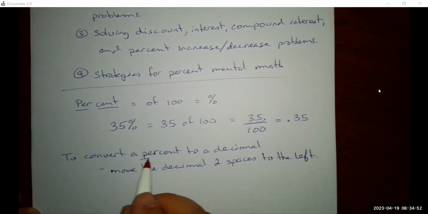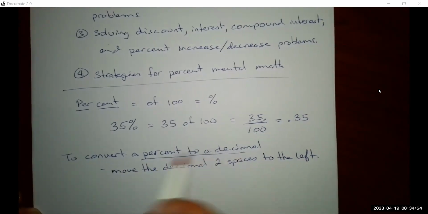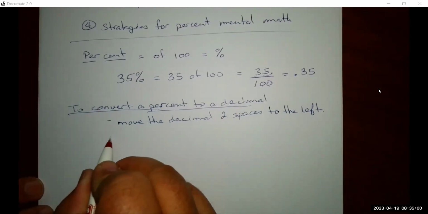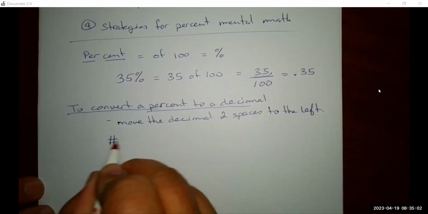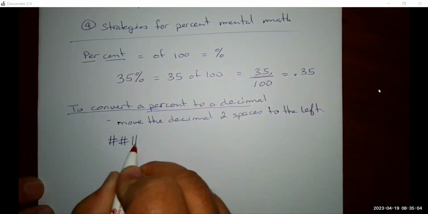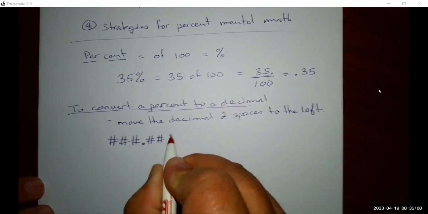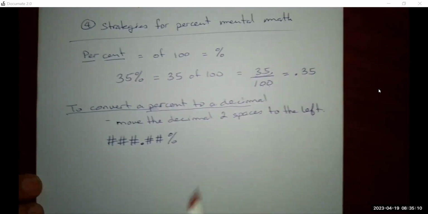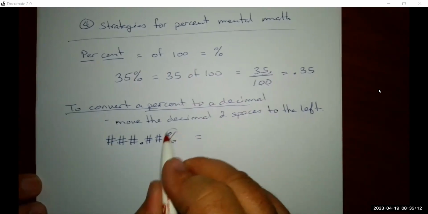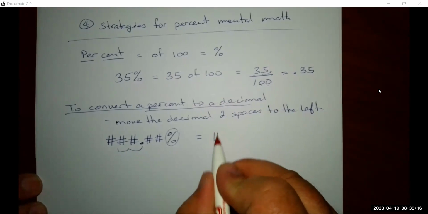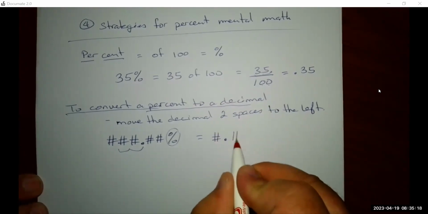Here we're converting from percent to decimal. So if we had a number and a percent, drop the percent and move the decimal 2 to the left.